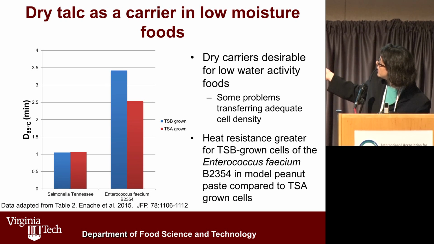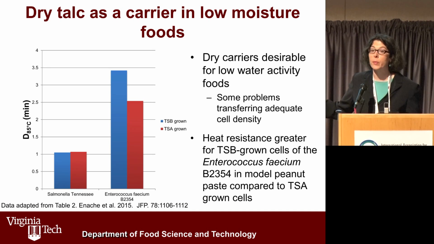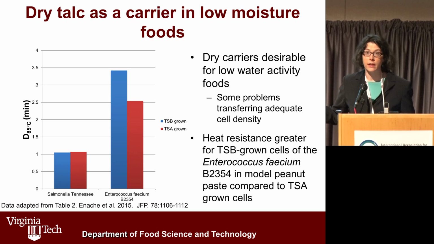So maybe under these situations, it's better to use a liquid grown culture before applying it to the dry talc, and then incorporating that within a matrix here as well. But I would like to point out with the dry carriers, there are some concerns and some problems transferring adequate cell densities from a carrier to a particle of interest.